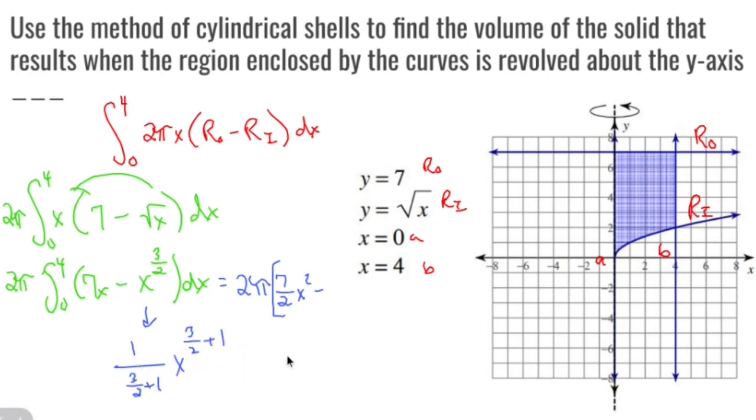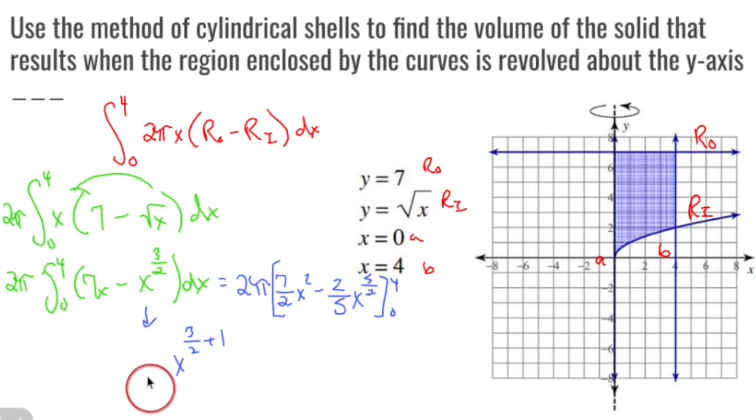So this will become 1 over 5/2. 1 divided by a fraction is the reciprocal. So 1 over 5/2 is 2/5 x to the 5/2. Look at me just barely fitting that in there. My limits of integration are still 0 and 4.